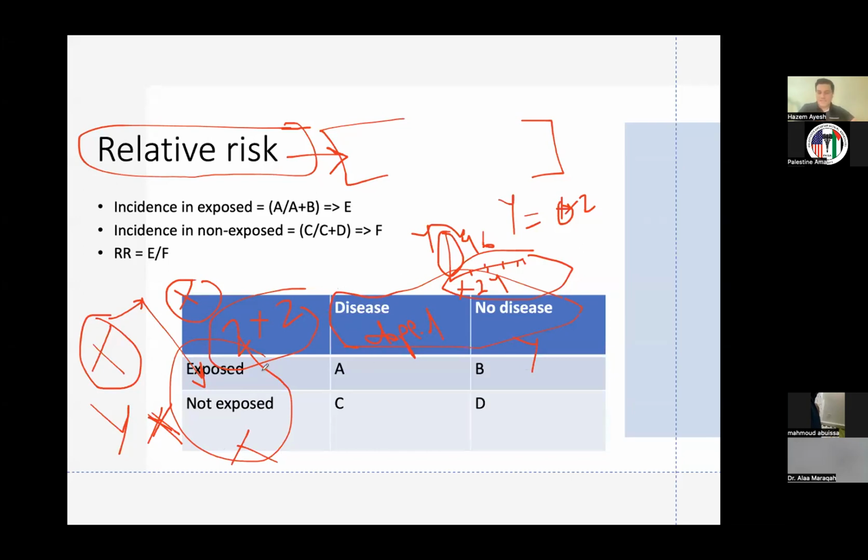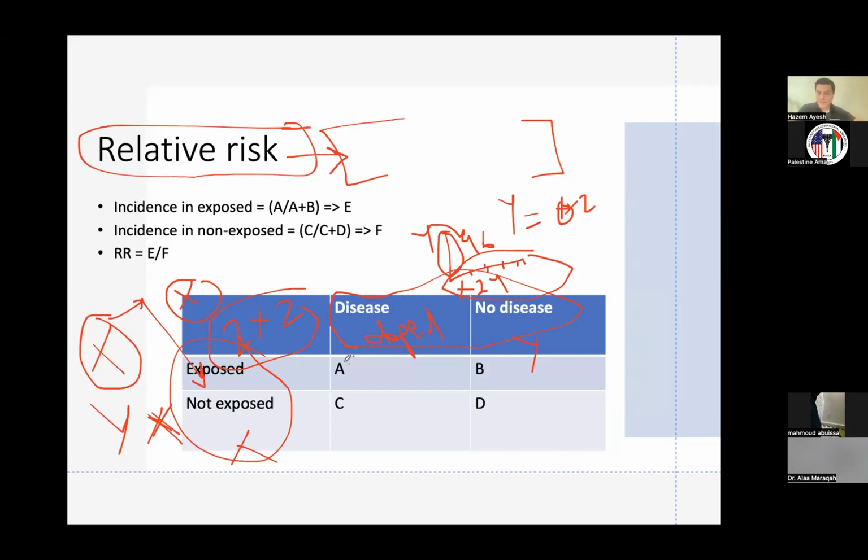So the relative risk is simply a comparison. It's a way to compare the incidence in the exposed group versus the incidence in the non-exposed group. To know the incidence in the exposed group, we discussed this yesterday: incidence is the new cases divided by the population of interest.